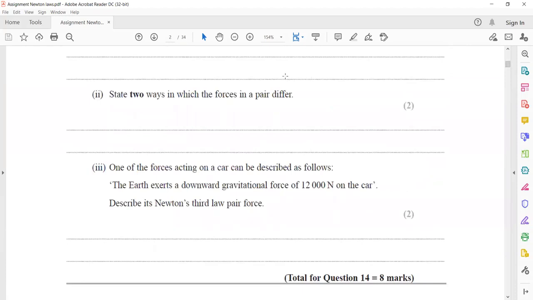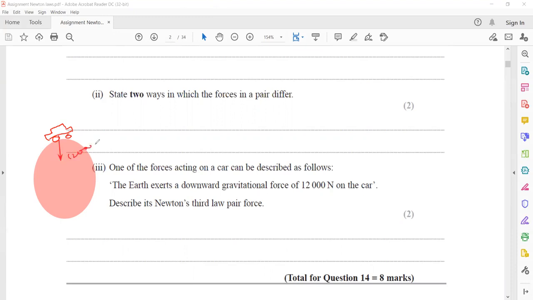One of the forces acting on the car is described as follows. The earth exerts a downward gravitational force of 12,000 newtons on the car. Describe the third law pair force. The car is on the surface of the earth, and it is being pulled by the earth with a force of 12,000 newtons.